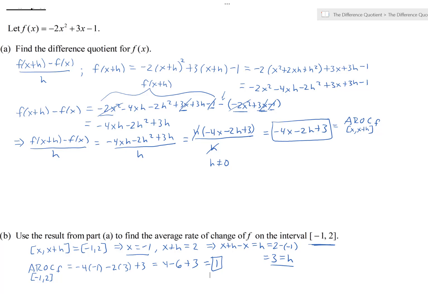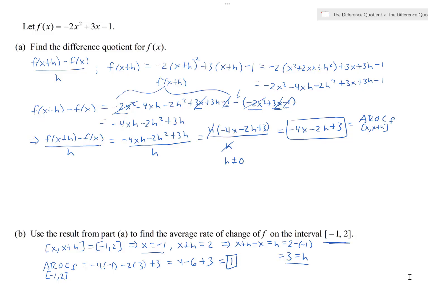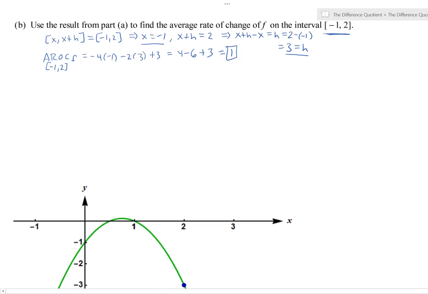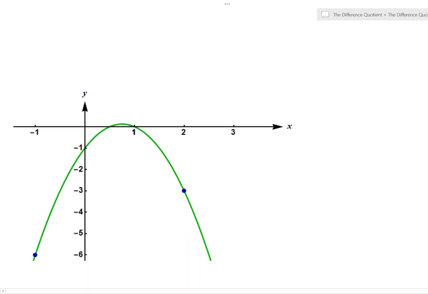Now, what does it mean graphically? Well, let's take a look at the graph. Here in the picture is the graph of the function, the quadratic that we were just investigating. And the 2 dots that you see, those are the corresponding points on the graph.